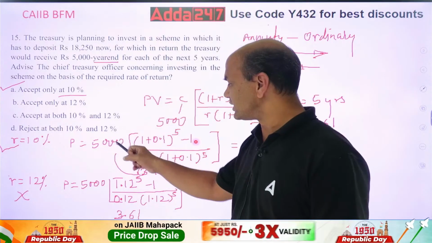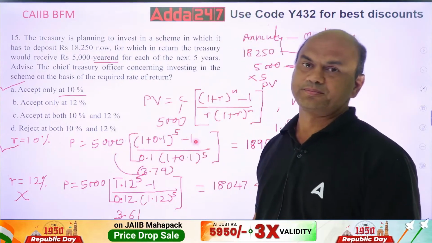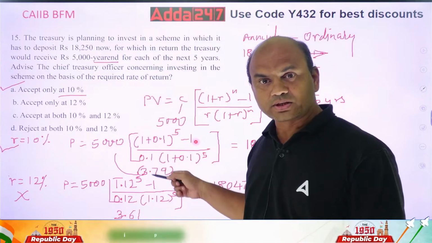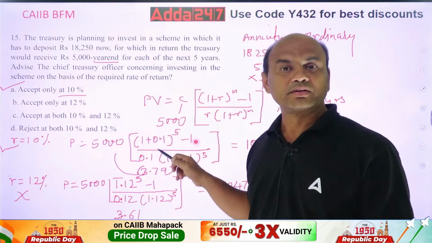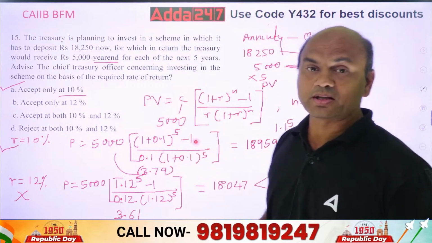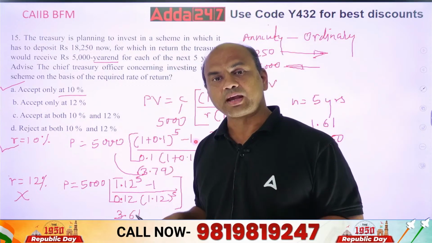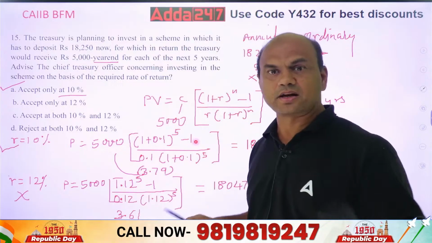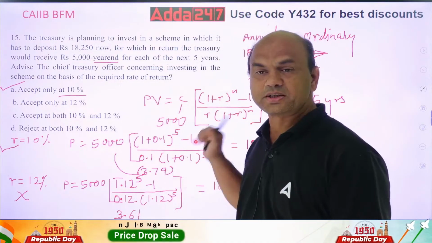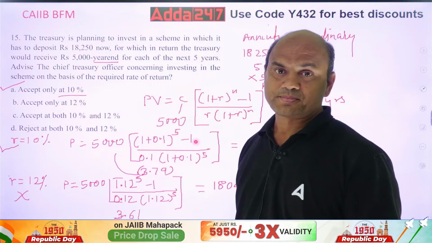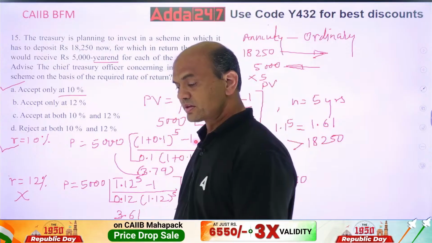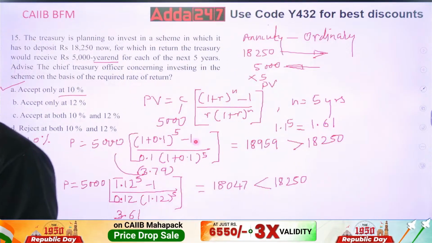So 5,000 into 3.79. Are you getting this 3.79 everyone? This answer should be 3.79 because I have tried and tested this. I have checked this answer many times. So this is correct. You all must get 3.79. Type in the comment section if you are getting it. Type it everyone.